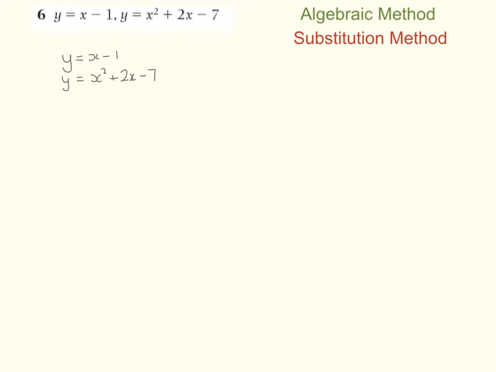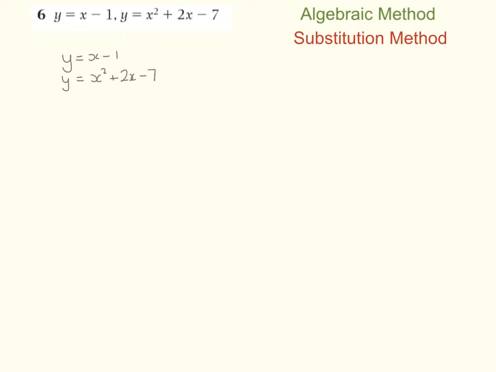What we do is we get an expression for one of the letters from the linear equation. We have y is equal to x minus 1 in that first one. So we can take that x minus 1 and replace it where y is in the second equation. We'd end up having x minus 1 is equal to x squared plus 2x minus 7, because we're going to replace that y with this.